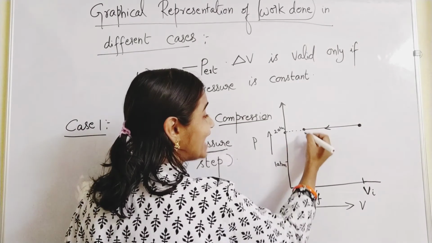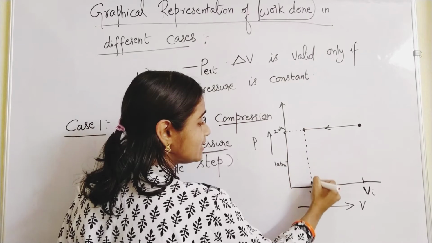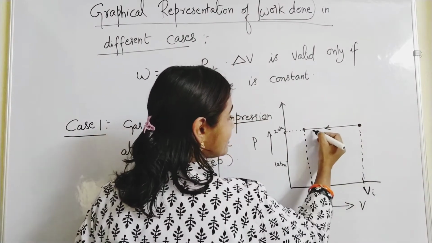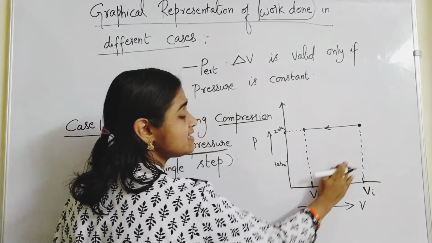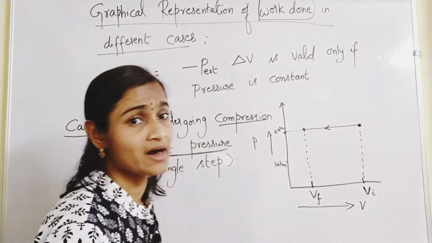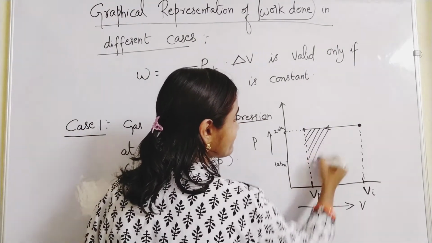Now to calculate the work done, join this line and this shaded area. Now you can see a square or a rectangular part over here. So I am just shading that.